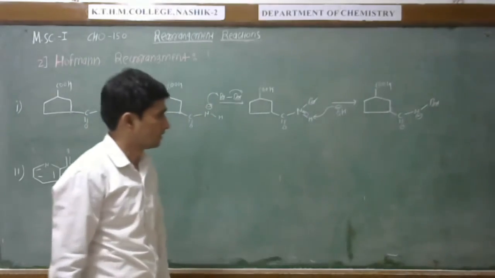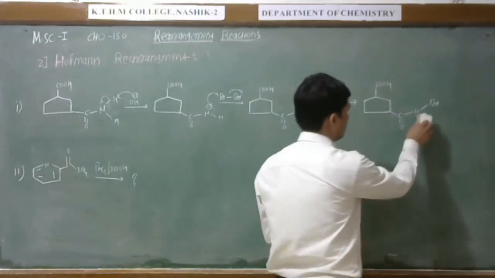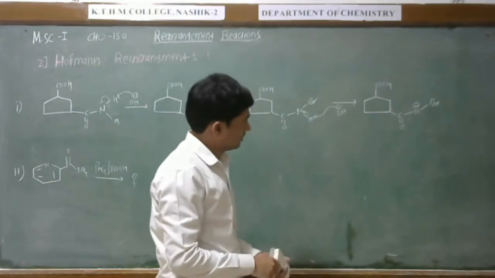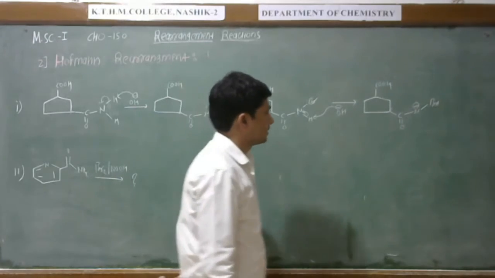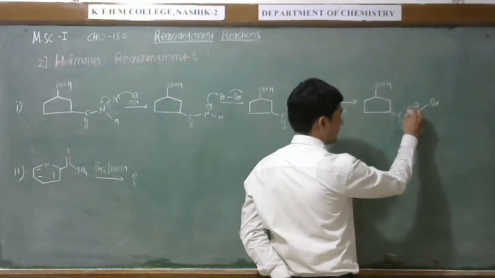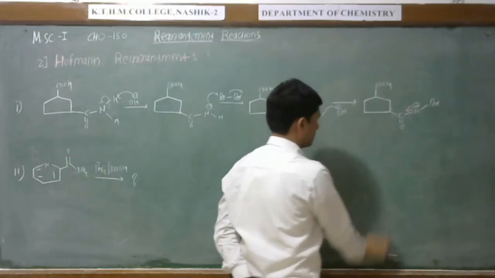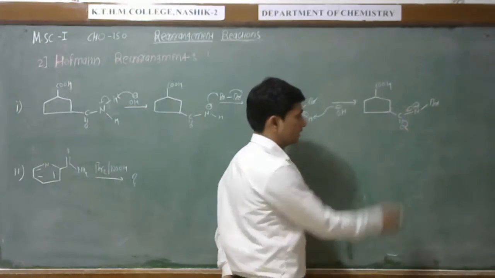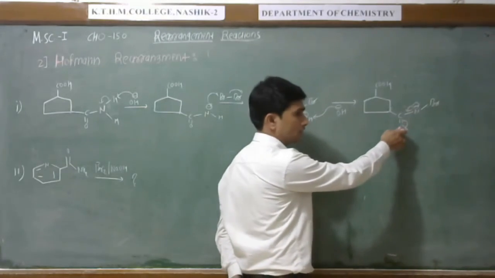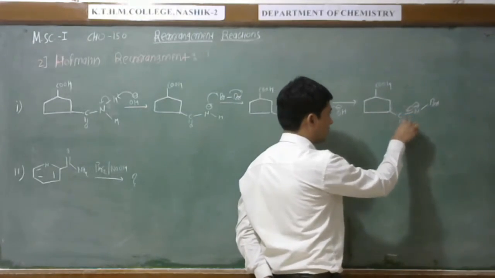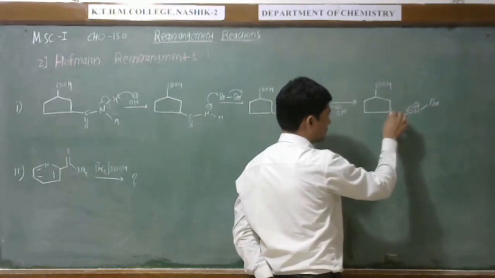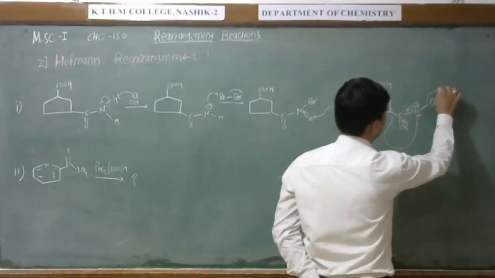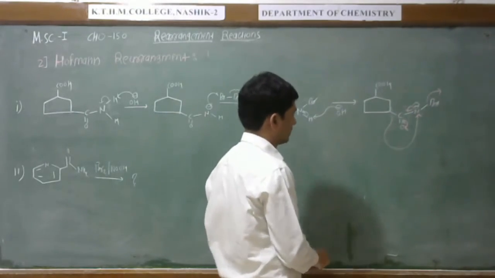For our mechanism, this negative charge will attack here and make the double bond. This carbon-nitrogen double bond opens. Again, this negative charge and oxygen will make the double bond, and the whole group will move to nitrogen, and this bromine will be removed.